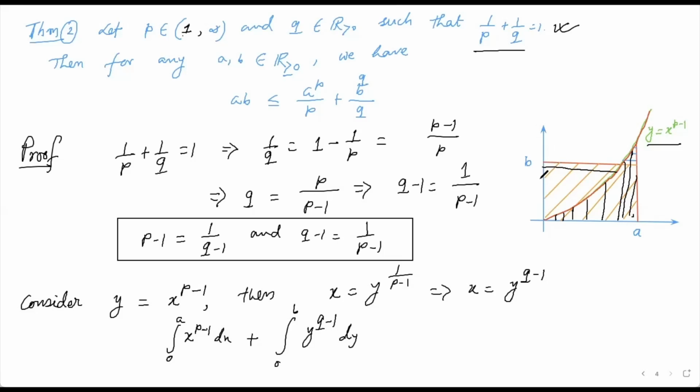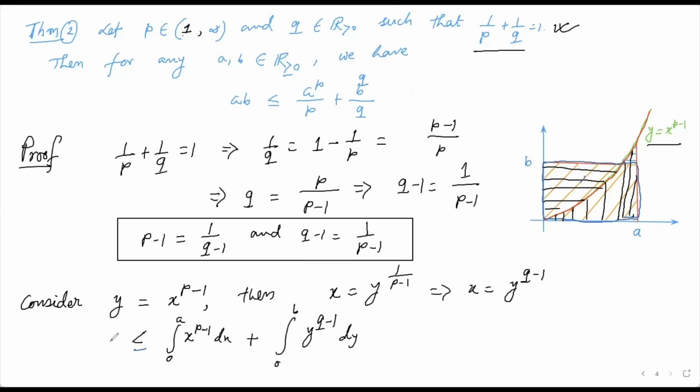Bounded by the curve y equal to x power p minus 1, or x equal to y power q minus 1, and the line y equal to b and the y-axis. So this is the area given by this integration, which is greater than or equal to AB. So what is AB? AB is the area of this quadrilateral.